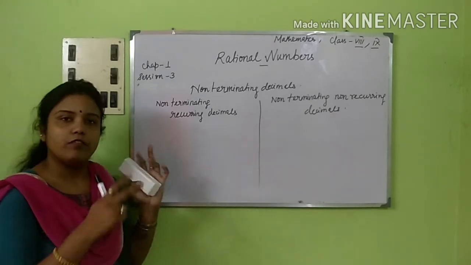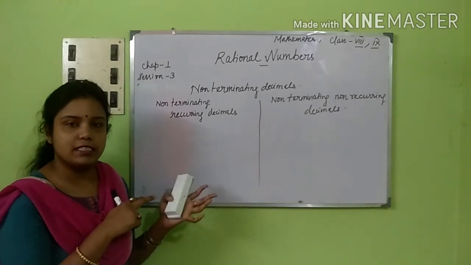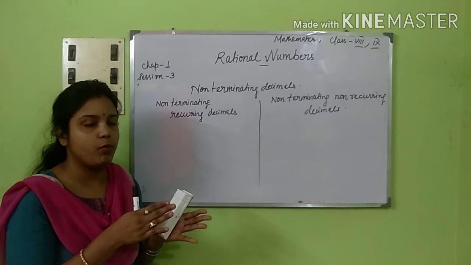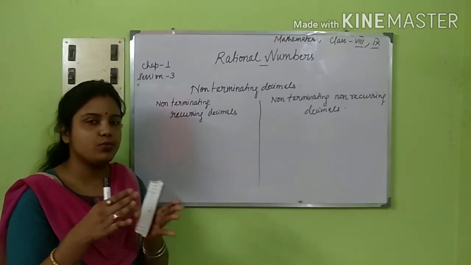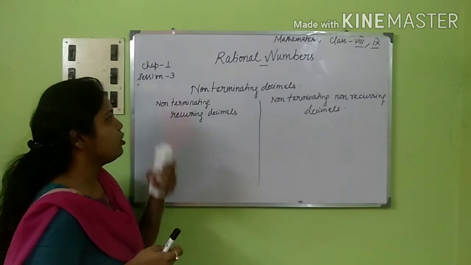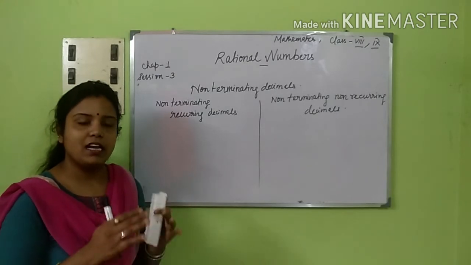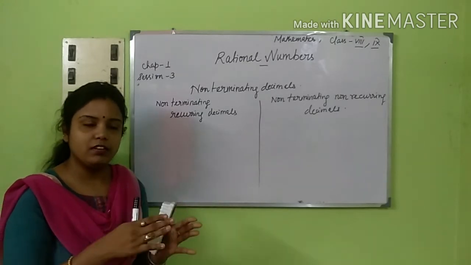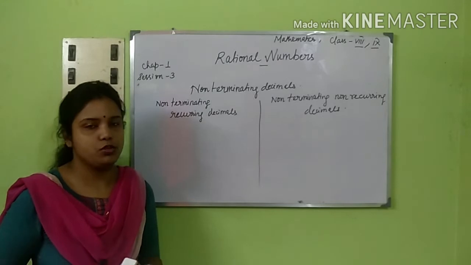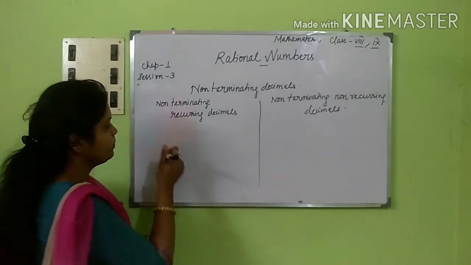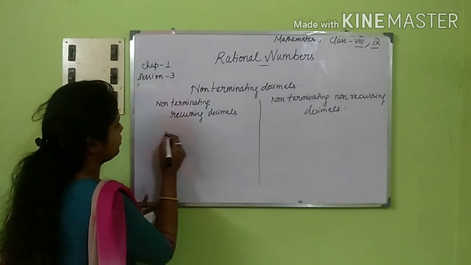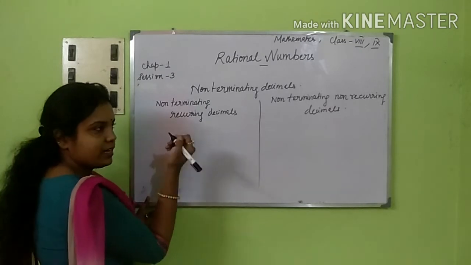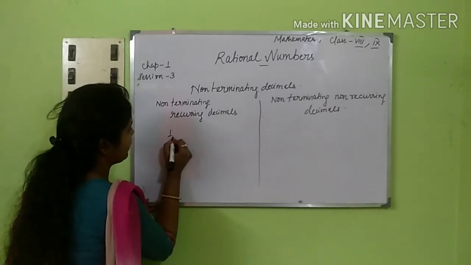Before this we studied terminating decimals, where after the decimal point the digits come to an end. But for non-terminating decimals, after the decimal point the digits do not come to an end. Here let us take the example of 1 by 3.